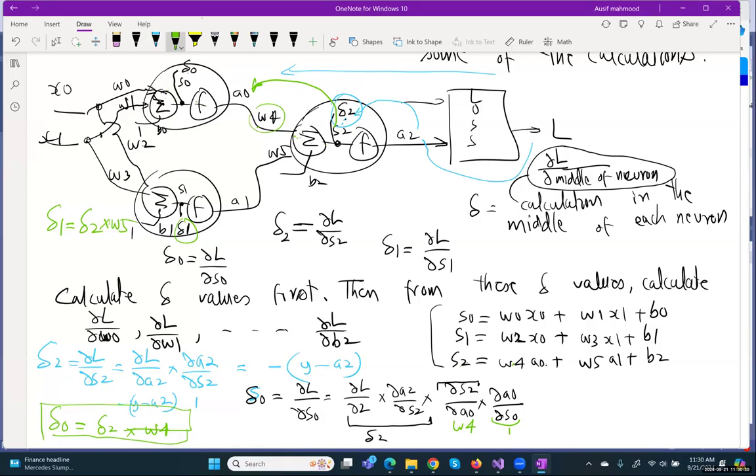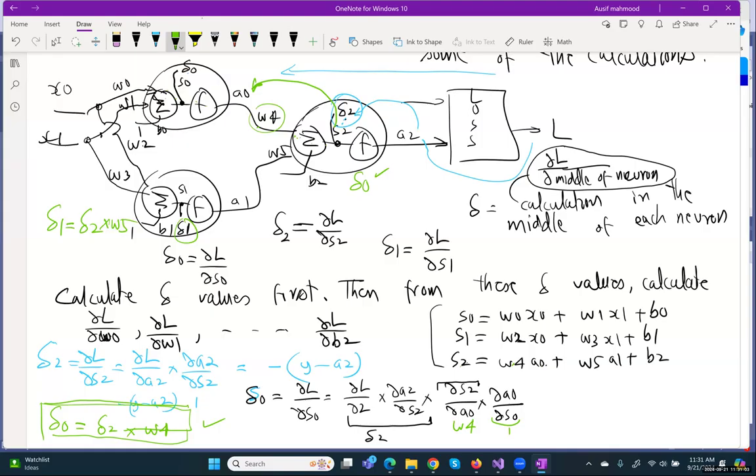So now that we have delta 1, delta 2 and delta 0 all calculated, from here we will calculate the partial derivatives, okay? So let's go to delta 0. We already know delta 0, so let's pretend it's known.